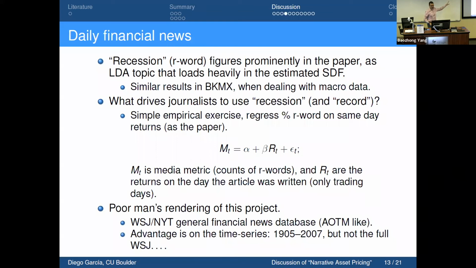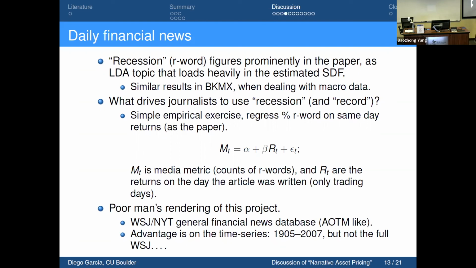Now, as I said, recession figures prominently, and it's not just in this paper that it figures prominently. In the LDA paper it is the main topic. Okay, this idea of talking about recessions. Now, what drives a journalist to talk about recession or to say record? Well, let me just show you some evidence on this.